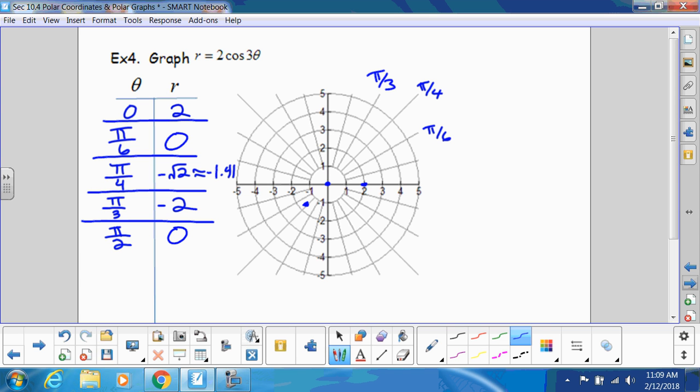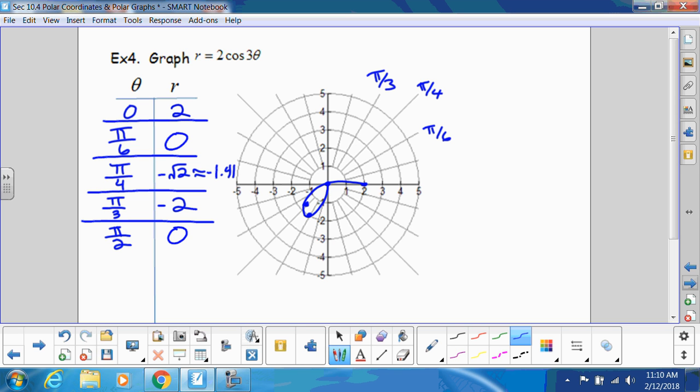And then pi over 3 is at negative 2, so pi over 3, but we have to go to the negative 2, so that's this in that quadrant. And then at pi over 2, we're at 0 again. So far, it's like we've traced this. Okay, so pi over 2. So that's all we've done so far.